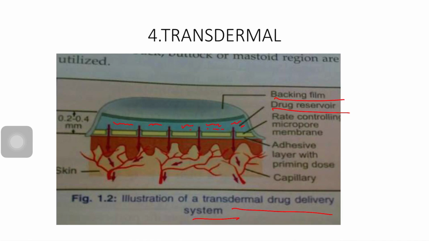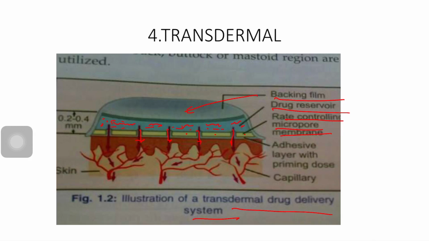This is the drug reservoir area, and so that the drug does not get outside, they have this backing film. The next layer is the rate limiting or rate controlling micropore membrane. This yellow layer is the rate controlling membrane, through which the drug is released. And there is an adhesive layer as well.